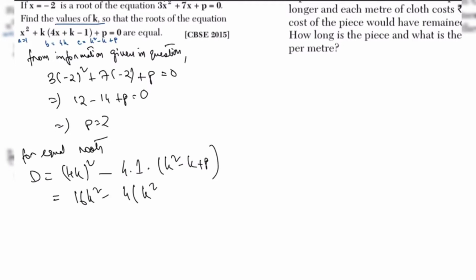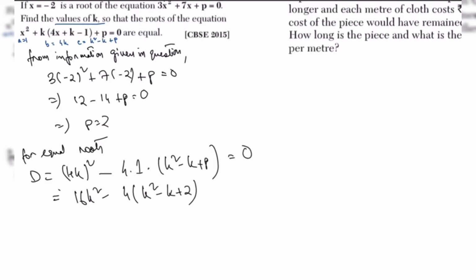So what do we get? b square is 4k whole square minus 4 times 1 times k square minus k plus p, so 16k square minus 4 times k square minus k plus 2.